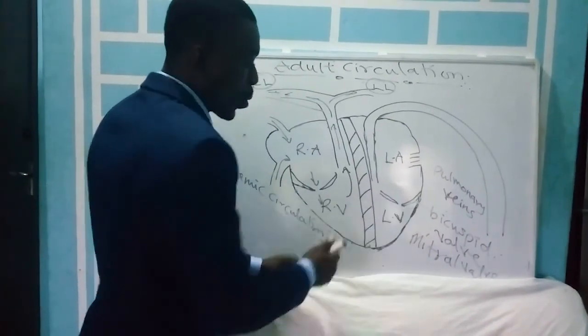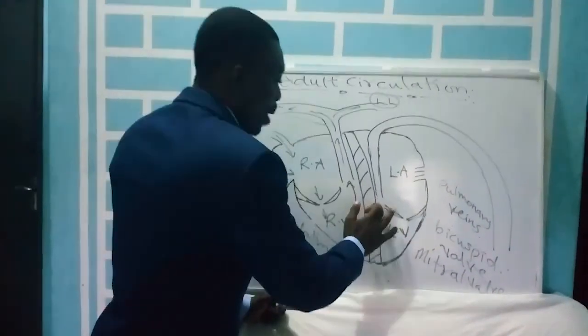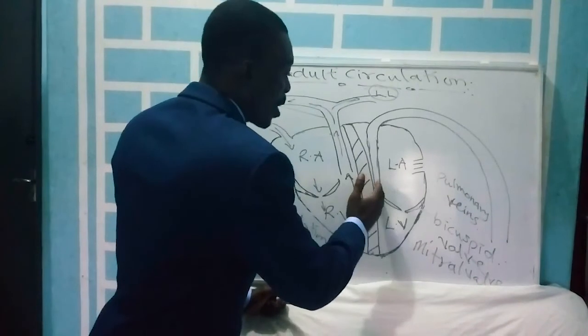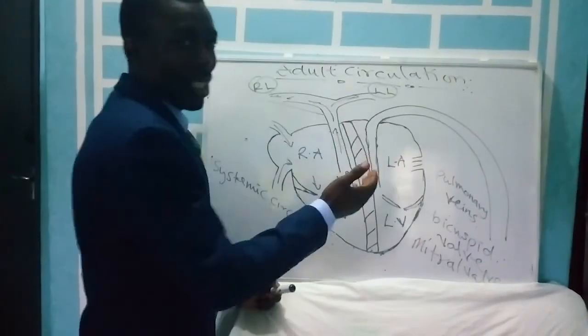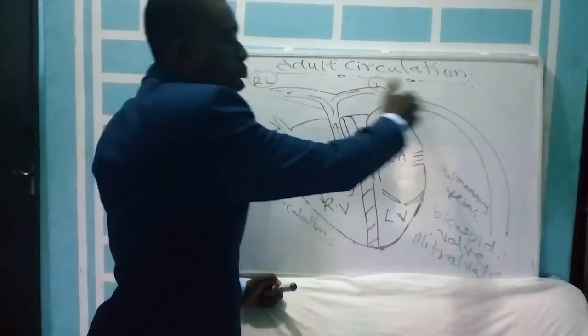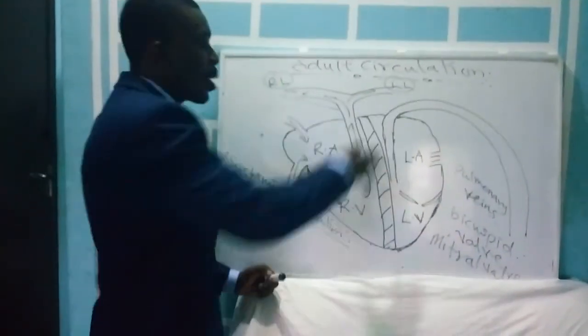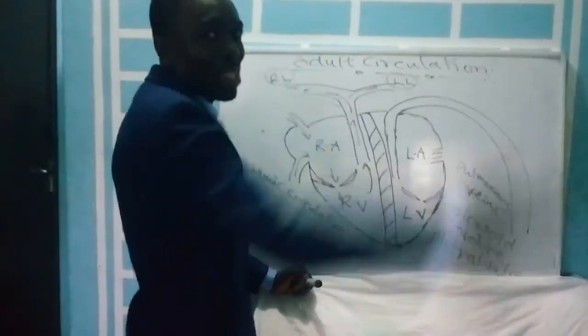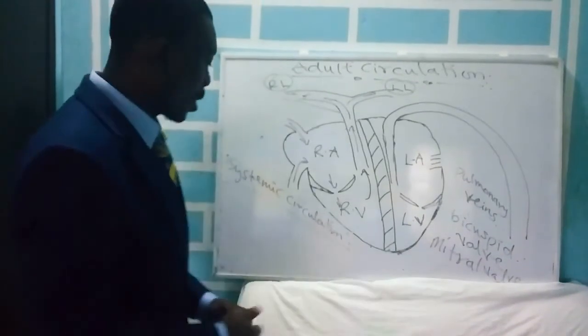Then when the left ventricle contracts, the oxygenated blood passes through the aorta, and the aorta supplies oxygenated blood to all parts of the body. Because the oxygenated blood is going to all the systems, we call it what? Systemic circulation.